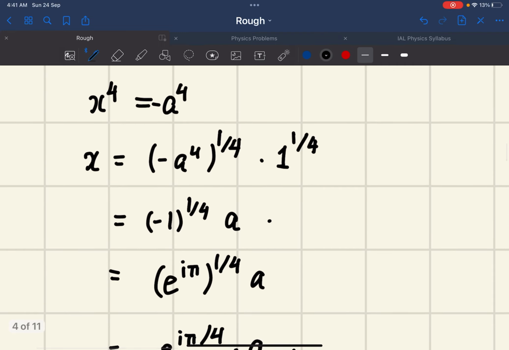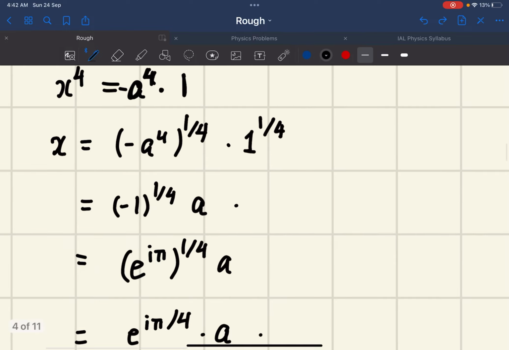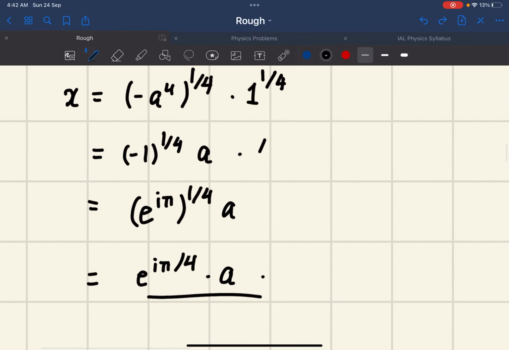So we raise everything on both sides to the power of 1 over 4. And this minus a to the 4 times 1 does nothing, right? But I like to write it like that, so that we can do the 1 over 4 power on both sides. I apologize, it's kind of early in the morning.